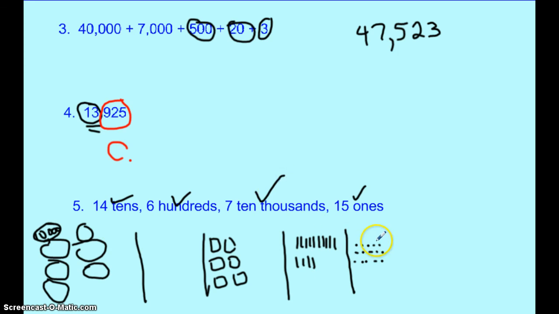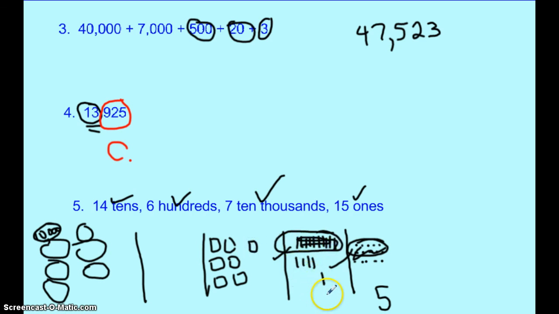Alright, so we need to regroup where we can. We'll go to the ones. We know that 10 ones equals a 10. So we've taken care of that. That leaves 5 ones. Now we have, instead of 14 tens, we have 15 tens. So 10 tens makes another 100. So those are over there now.